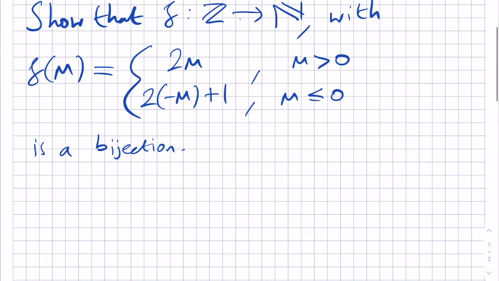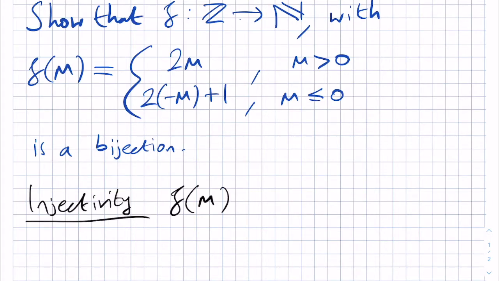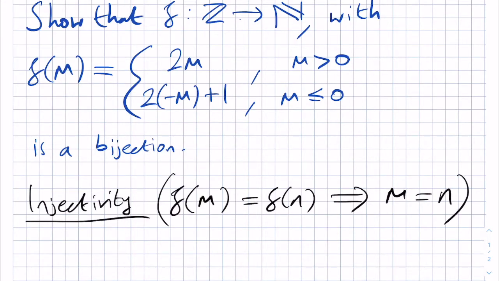So if we start with injectivity, we want to show that if f of m equals f of n, then m equals n. In order to show this, we look at the individual cases from our definition of f.